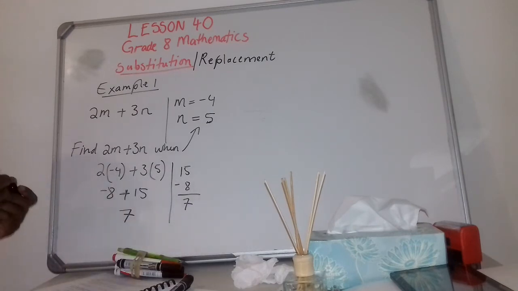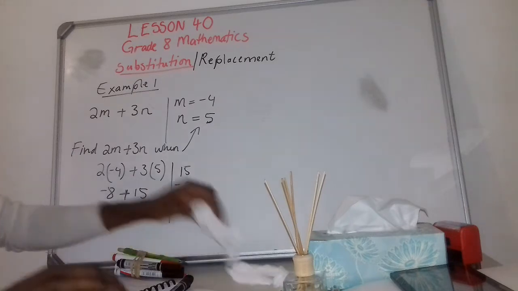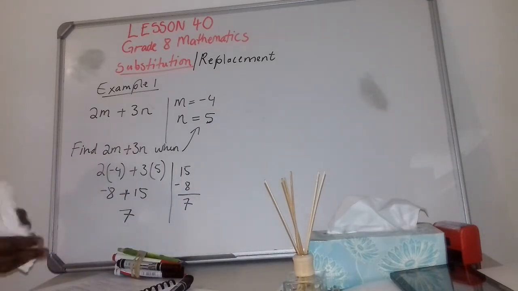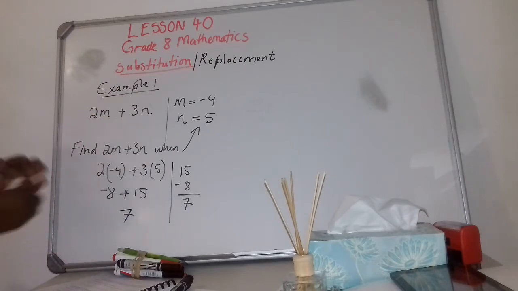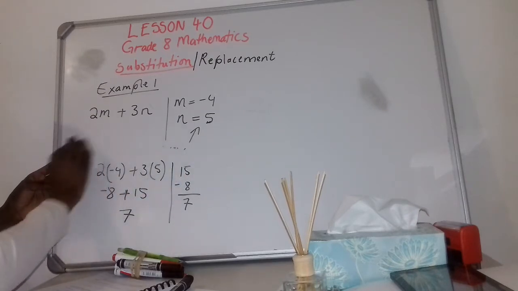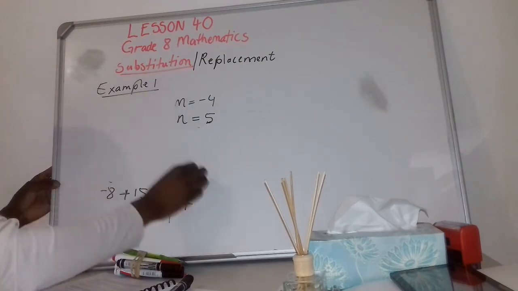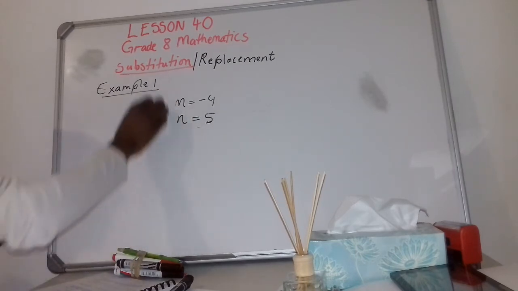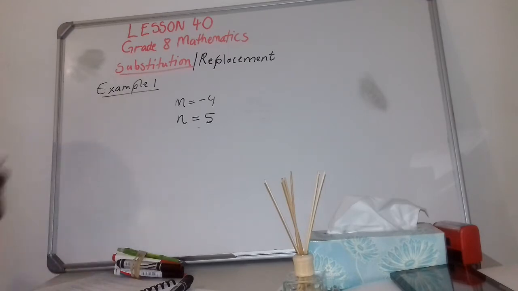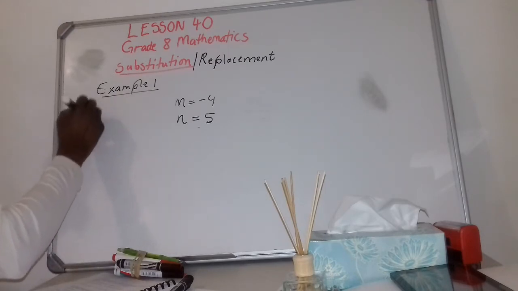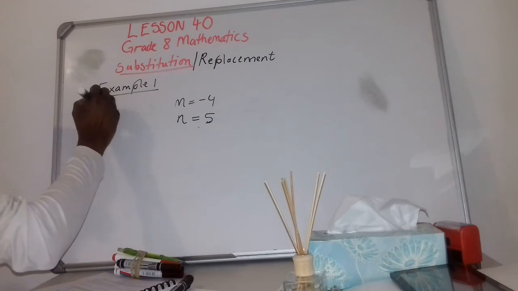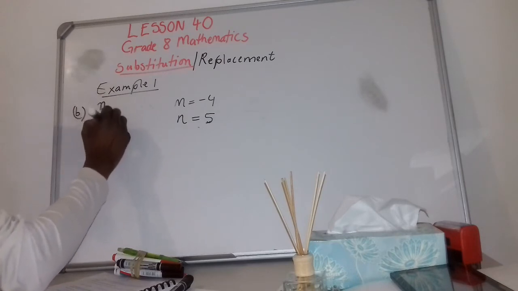Alright, so let's look at another one. We'll be using the same numbers. So that was A. Let us look at B. For B, you are given n divided by m.